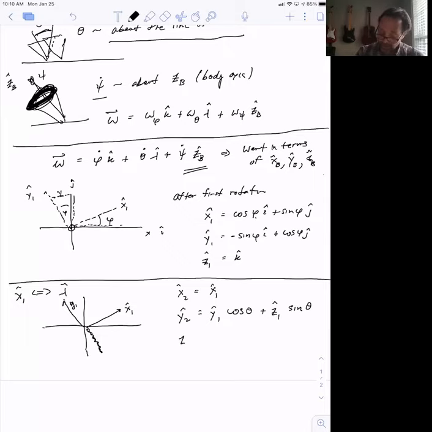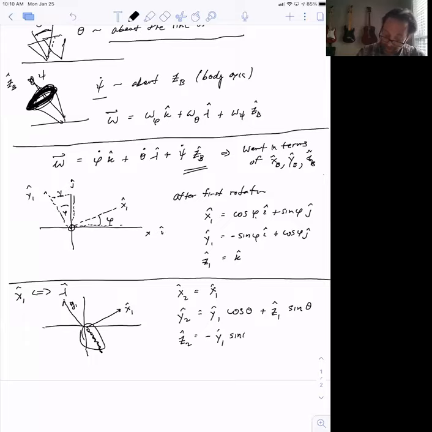Now, the only tricky one, it's not really tricky at all, is z2 hat. Again, this comes back. So the y1 has a projection along here, which is the y plane in a sense, and it has a piece up. So I have here minus y1 sine theta.